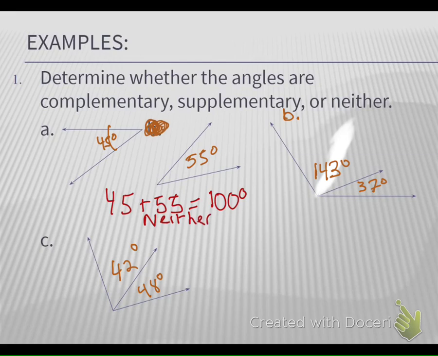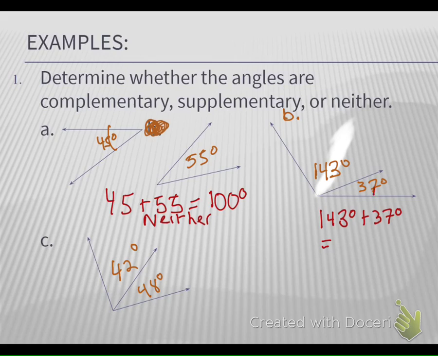Okay, for B, the one you drew in, we have one angle that is 148 degrees. Nope, that's 43. Sorry, 143 degrees. And we have 37 degrees. We're going to add those together. When you add those together, what do you get? Oh, sorry.